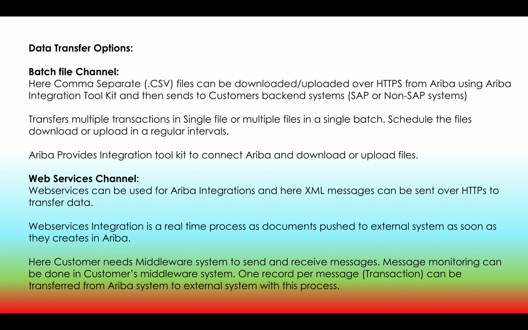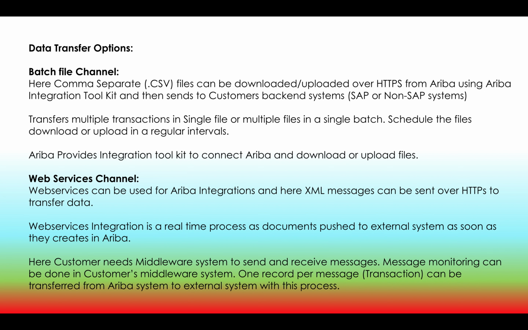Data transfer options. What are the data transfer options we have for Ariba integration? Here we have three integration options. One is the batch file channel. Batch file channel means file communication between Ariba and ERP systems.